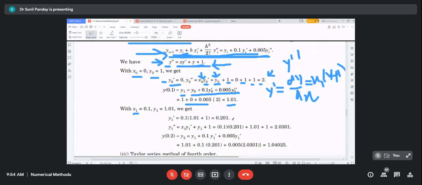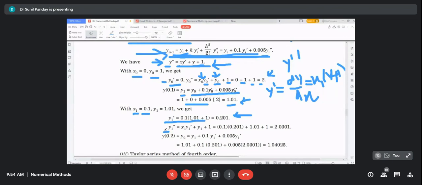Because the definition of y dash is this one, I have to calculate this dy by dx at x equal to x1, and x1 is 0.1, then y1 is 1.01, that is calculated in the previous step. So we have substituted and we have this one. Now we have y1 dash.